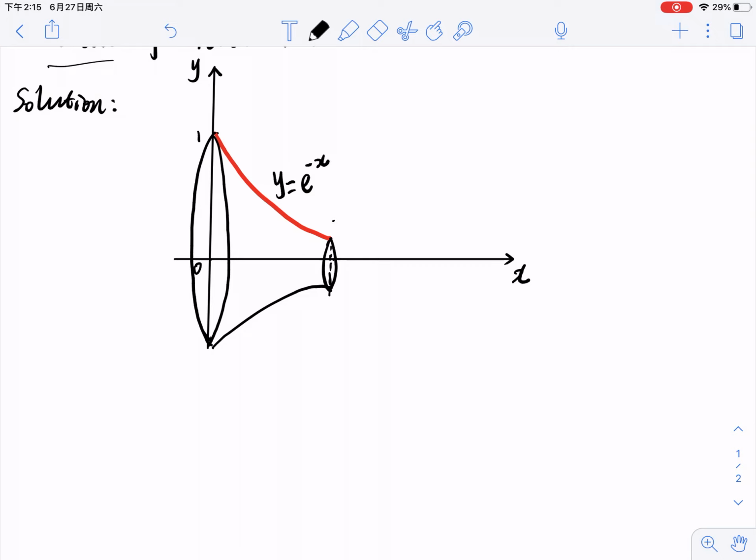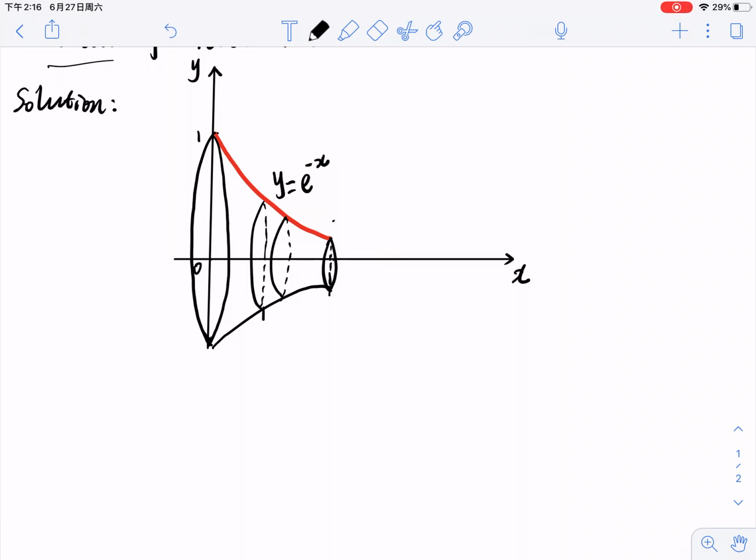So we start by slicing the region perpendicular to the x-axis, giving a circular disk of thickness delta x.